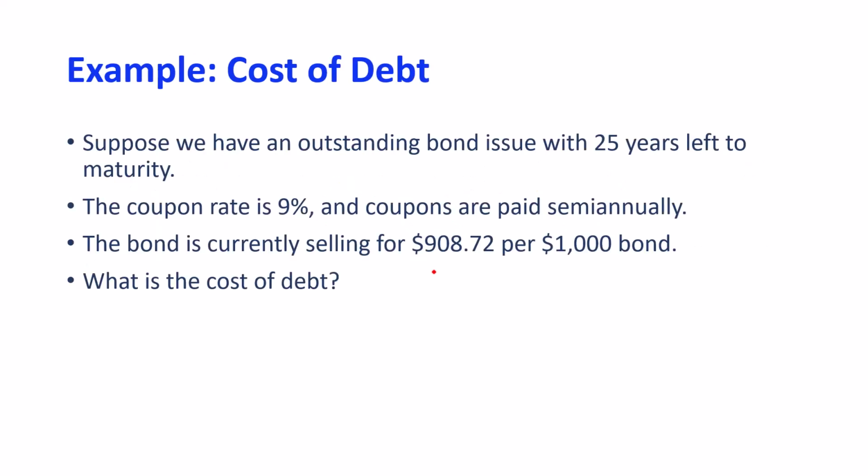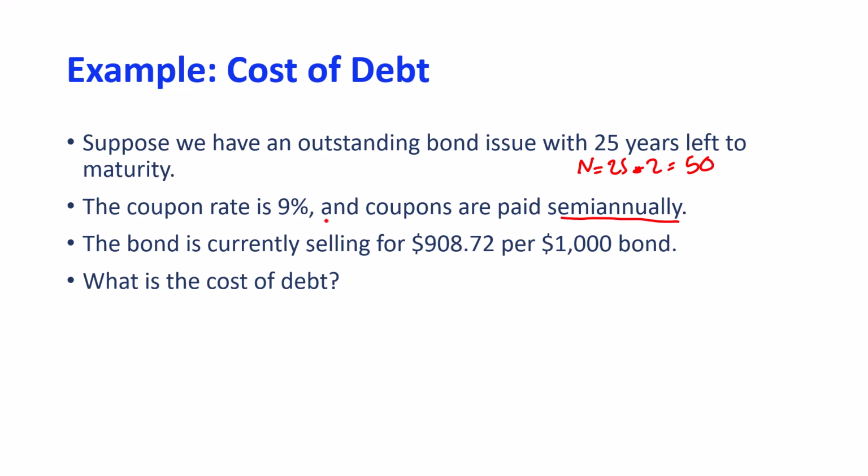Here we have an example. Suppose we have an outstanding bond issued with 25 years left to maturity. The 25 years to maturity determines your number of periods. And since the coupons are paid semi-annually, it would be 25 times 2. We have 50 semi-annual periods.